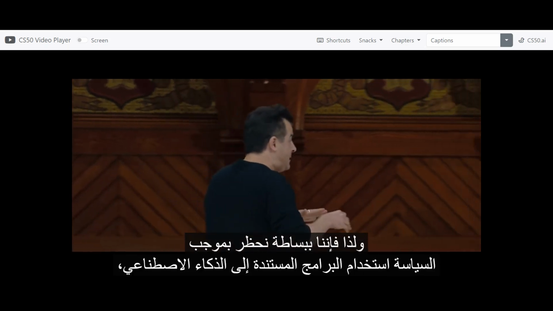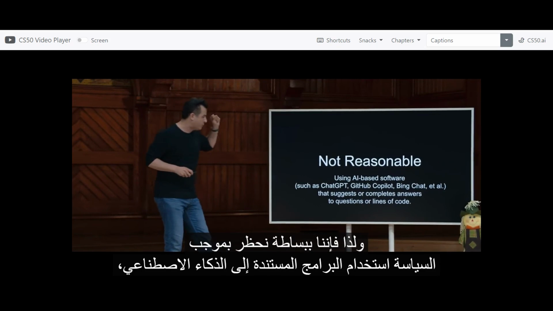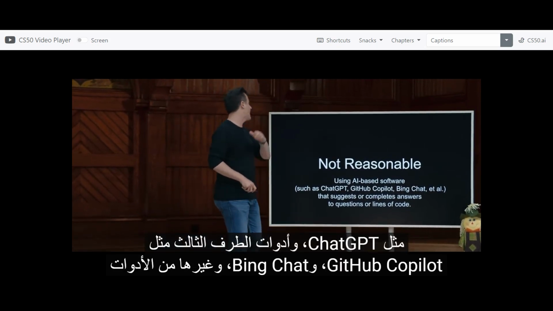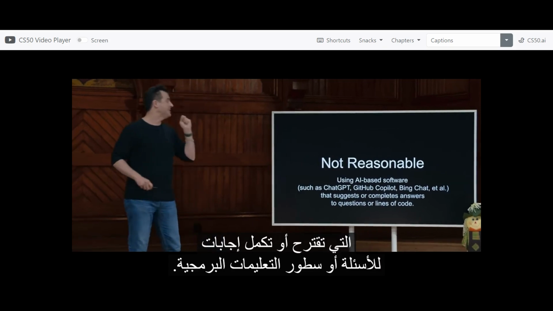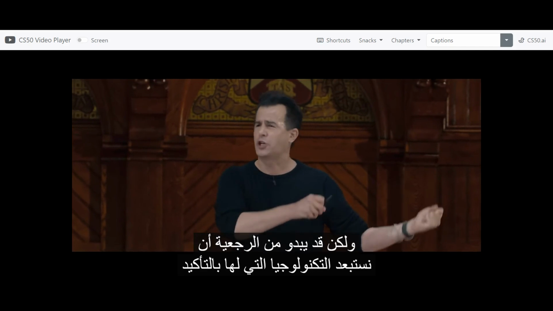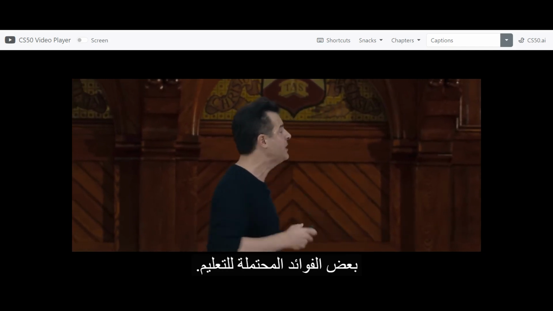And so we simply prohibit by policy using AI-based software such as ChatGPT, third-party tools like GitHub Copilot, Bing Chat, and others that suggest or complete answers to questions or lines of code. But it would seem reactionary to sort of take away what technology surely has some potential upsides for education.